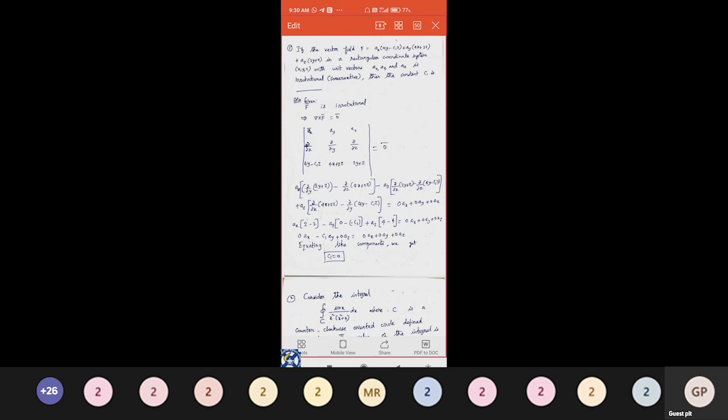Now the third one, leaving the first row and the third column, az multiplied by dou by dou x of 4x plus 2z minus dou by dou y of 4y minus c1z.